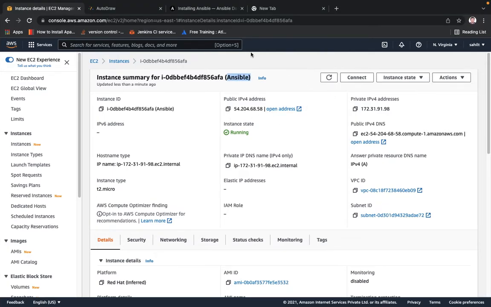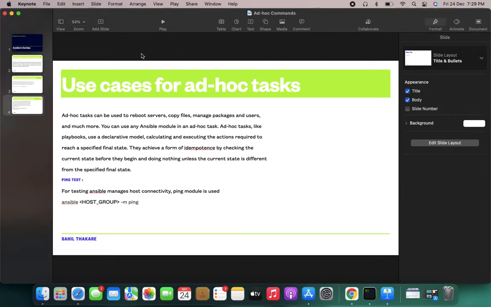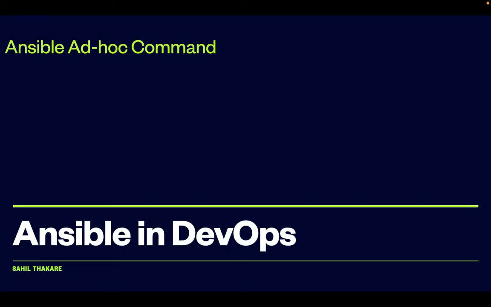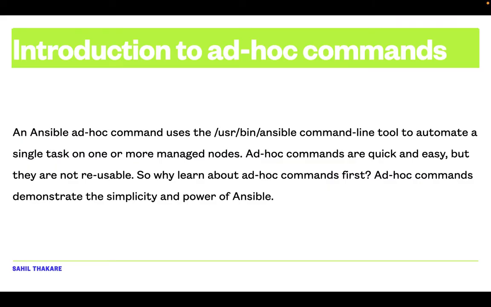Now let us understand what is the ad hoc command. Let me just tell you what the Ansible ad hoc commands are. You can think of ad hoc commands as a command line utility by which you can directly communicate with your slaves. Let's say if you want to reboot your slaves, as an example.